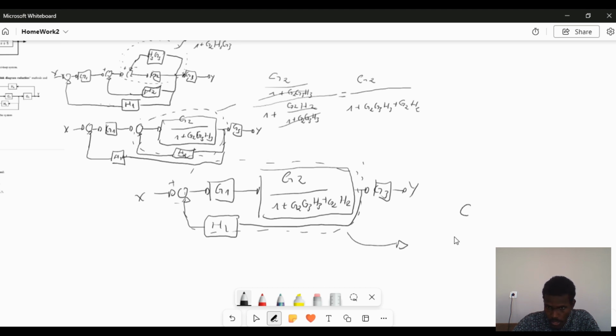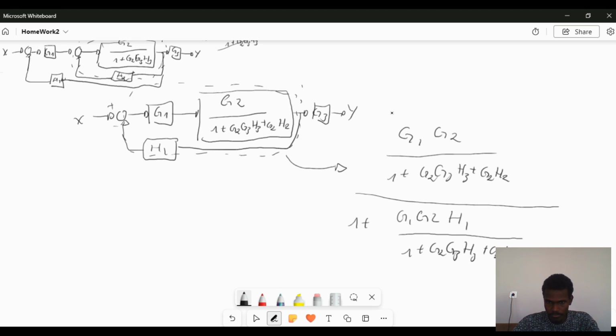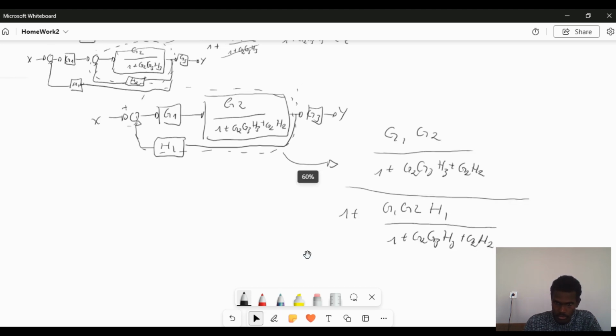You can find here G1 G2 divided by 1 plus G2 G3 H3 plus G2 H2, the whole divided by 1 plus again the forward path, which is G1 G2 divided by 1 plus G2 G3 H3 plus G2 H2, multiplied by feedback gain, which is H1. And this is going to be like this.